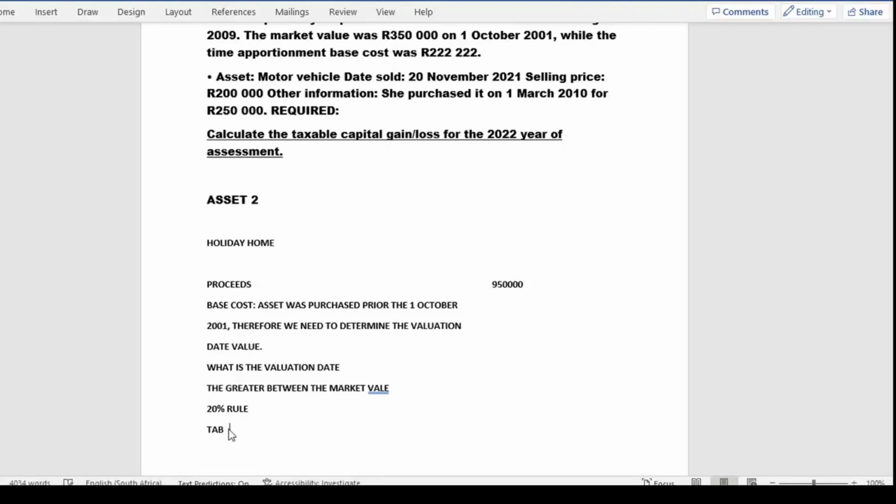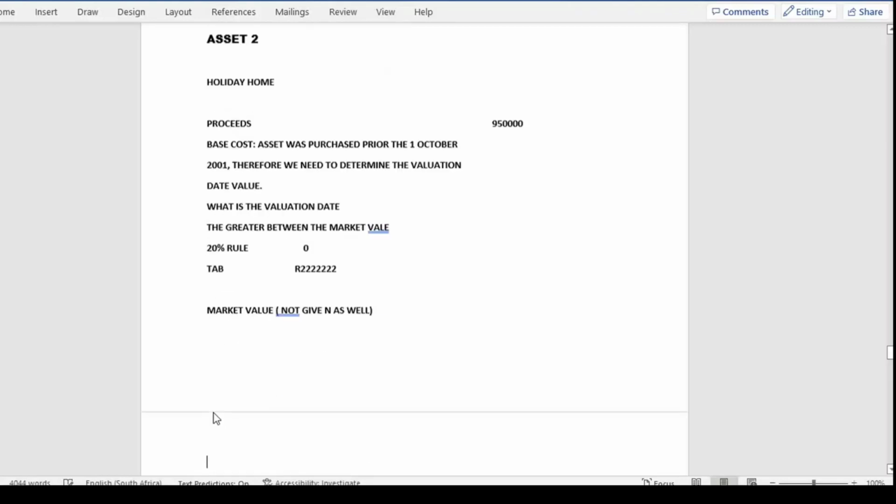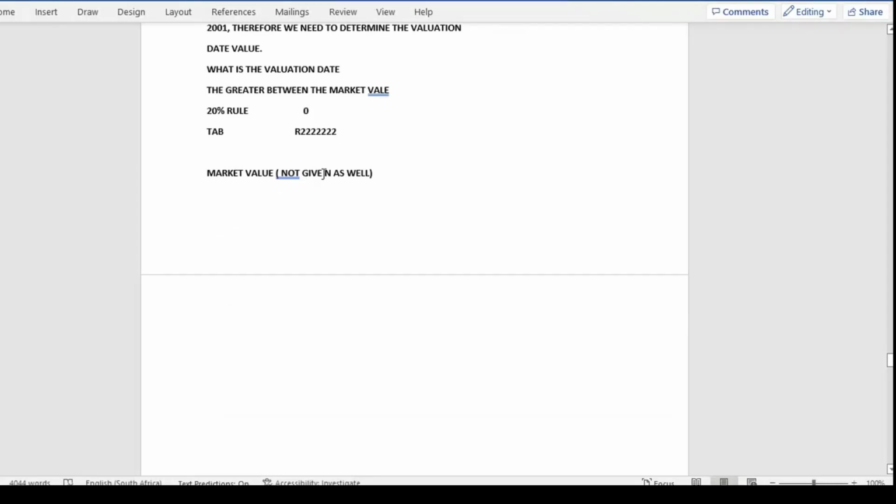All right, our tab is given to be 222, and we don't have the 20% rule here, because we're not given the process to determine that, and the market value is not given as well.